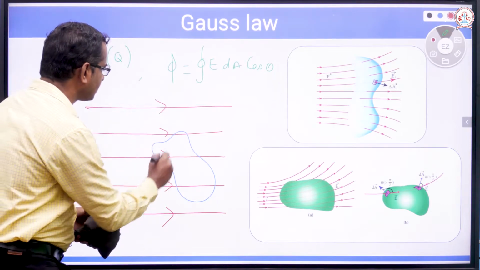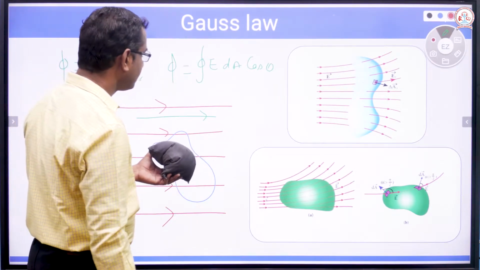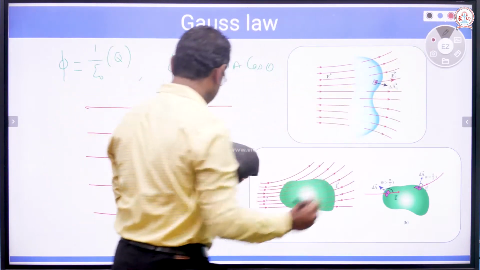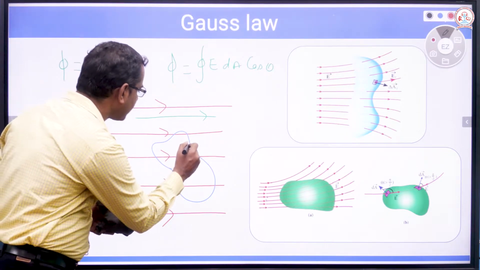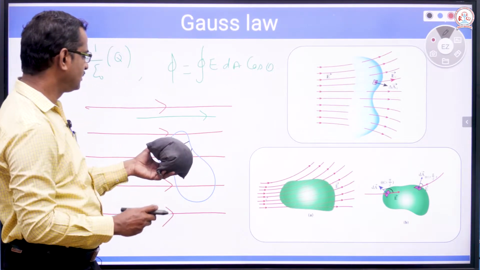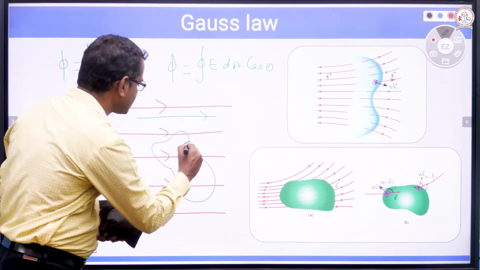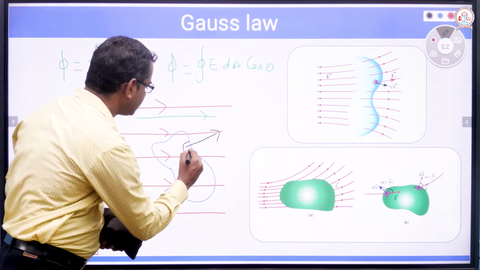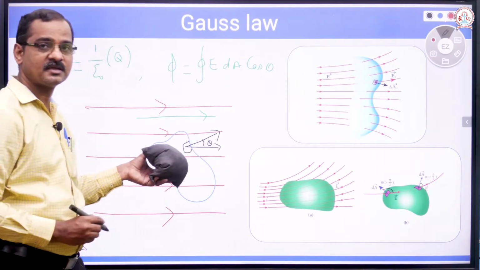See here, this is the direction of electric field. Then normal to the surface, at this point, is along this direction. This is normal to the surface. This is the direction of electric field, so this will be theta there.